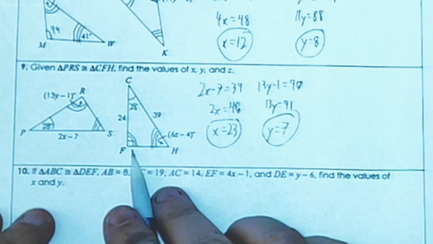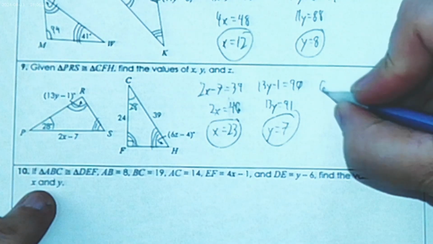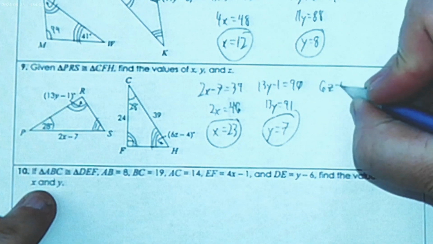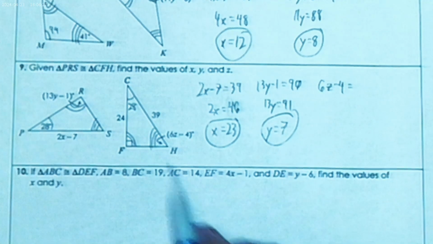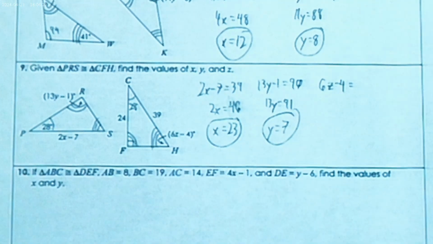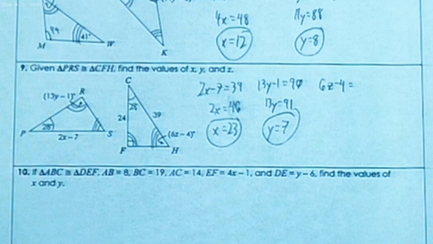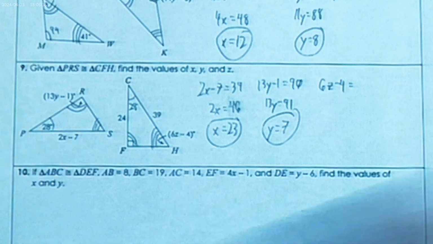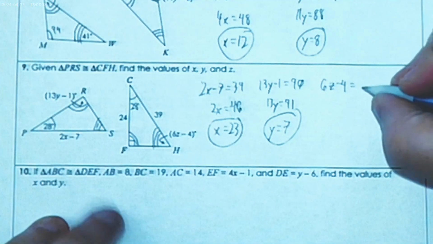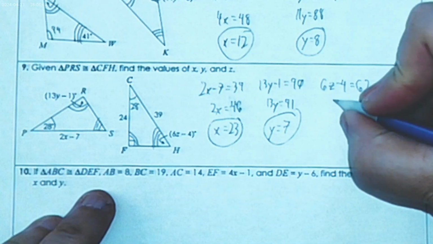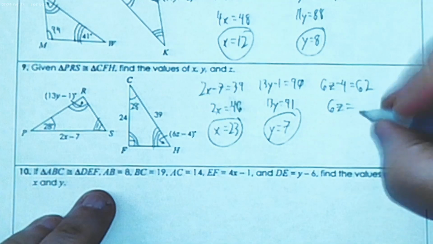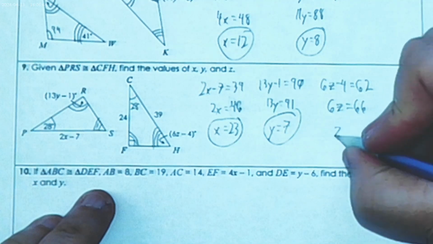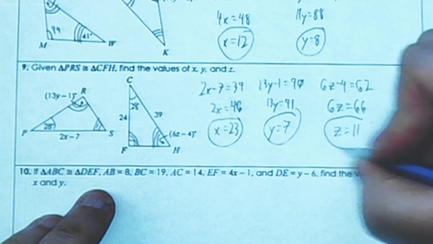F is 90, so 6z minus 4 has to equal 180 minus 90 minus 28. So let's see, 180 minus 90 minus 28 equals 62. 6z equals 66. z must therefore equal 11.